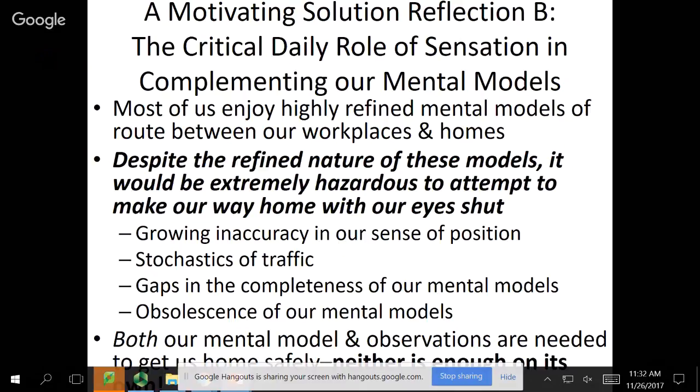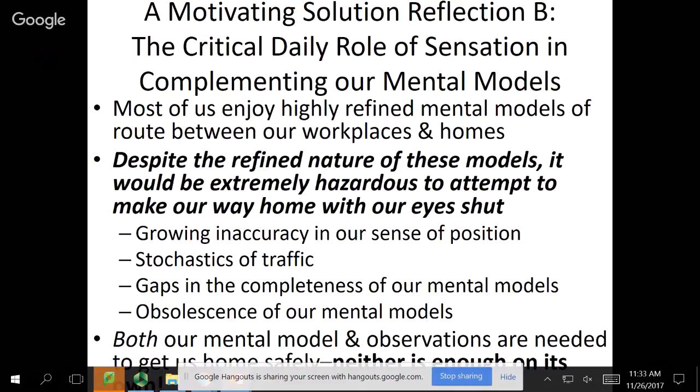But despite the refined nature of these models, despite having a very acute sense of how many steps there are in that staircase we travel, the location of that sidewalk we cross, the sense of the width of the road, of the turns of the corridors, none of us would even dream of trying to navigate to home without input along the way, without some sort of glimpses along the way of where we are, right?